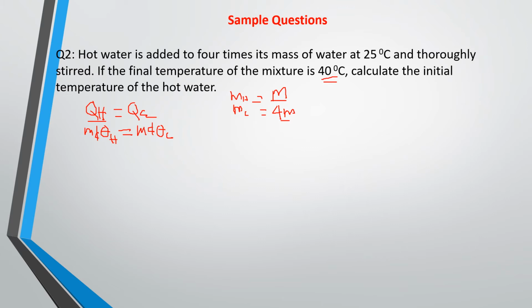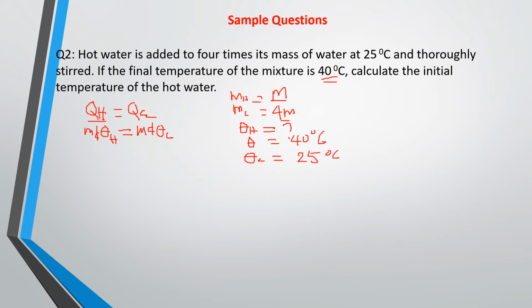So for the hot water, the initial temperature is unknown, that is what we don't know. Then the final temperature for the two, let me put it as theta, is equal to 40 degrees. That is for the hot and cold water. The initial temperature for the cold water is given to us to be 25 degrees centigrade.